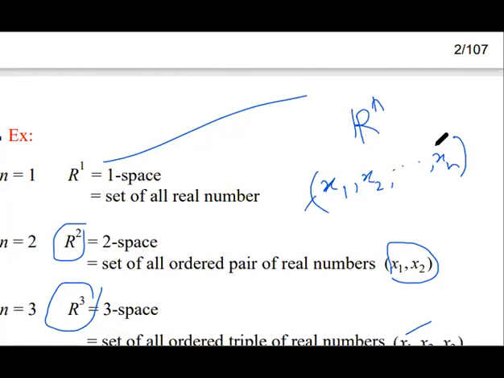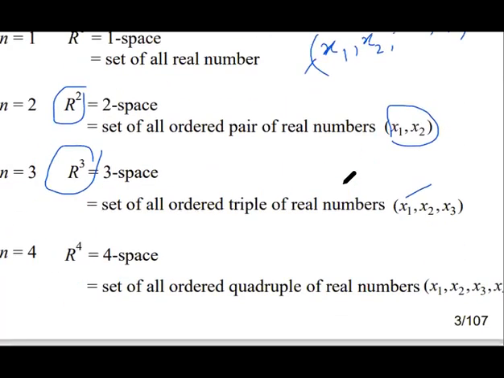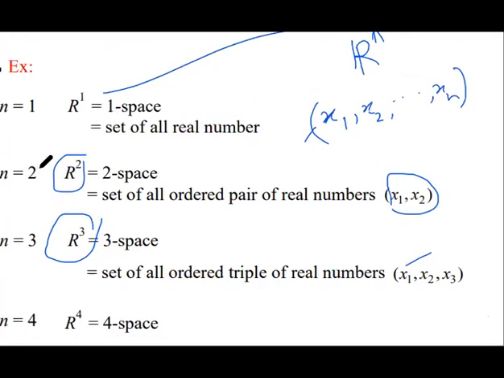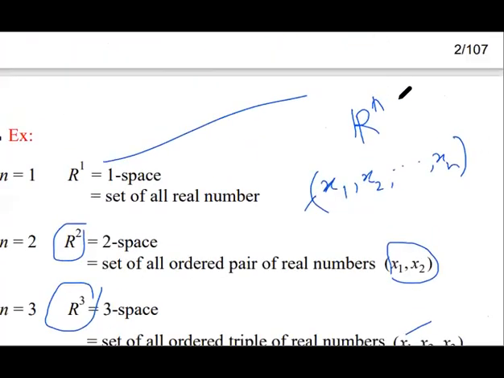But for space, this makes sense. We can increase the dimension up to infinity. If you have R infinity, that means you have infinitely many coordinates.